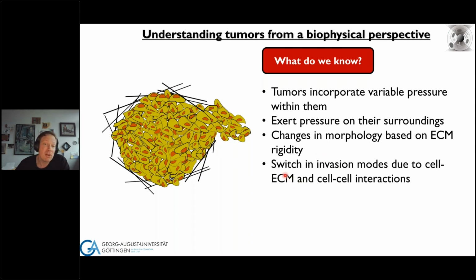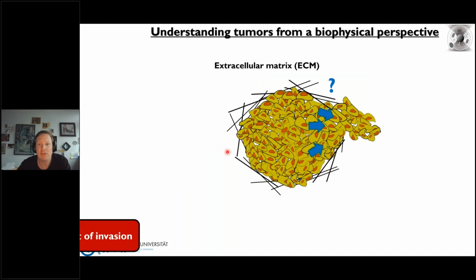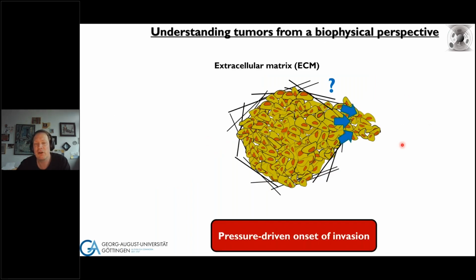It is also known that there can be switches in invasion modes depending on the interaction between cells and the extracellular matrix environment. So what we focused on in this first part is to which extent pressure or pressure changes may drive the onset of invasion. We're not looking so much at whether classical cell migration drives motion, but we wanted to study what happens with pressure here.